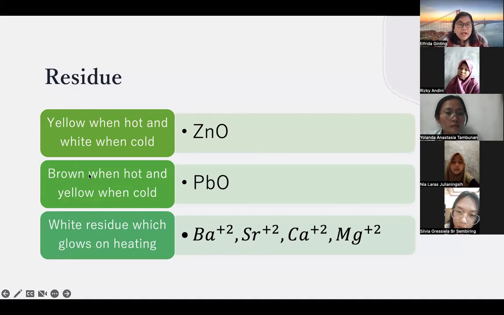When you heat it, the color will be brown, and after you let it cool down, the color will be yellow. And for barium, strontium, calcium and magnesium, all of these will have a white residue when you heat them.